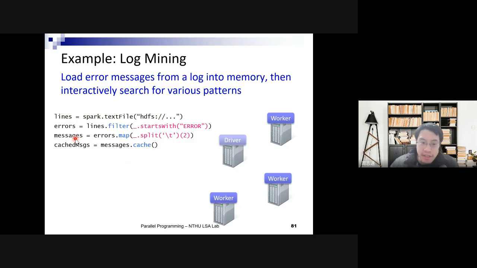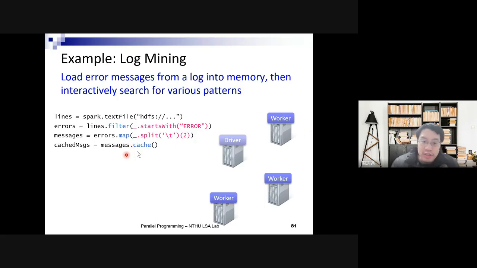Since we're going to reuse this data, we want to cache the data in memory. And cache implies we will ask Spark to generate the messages data set and store it as an RDD in the Spark cluster.